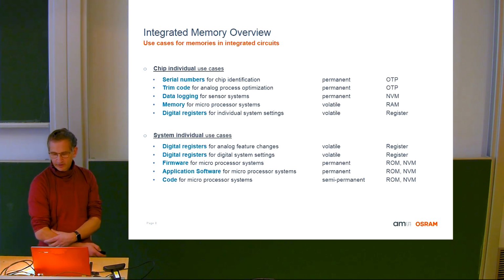So in these last three fields I mentioned, you distinguish between ROM, which you can only program once, where you have no chance in your system to change it, and non-volatile memory. Non-volatile memory is more or less a memory where you have the chance to influence the data later on. So you are not tied to a process or to one mask set which defines the code. You are able to change it later for any purpose.